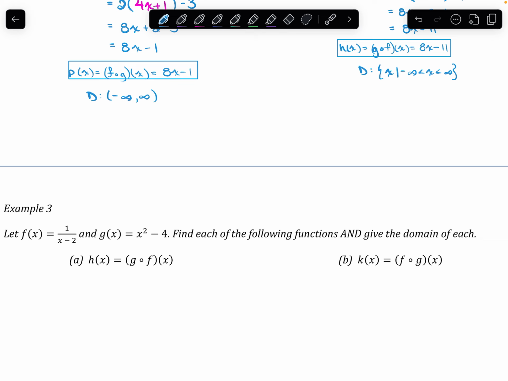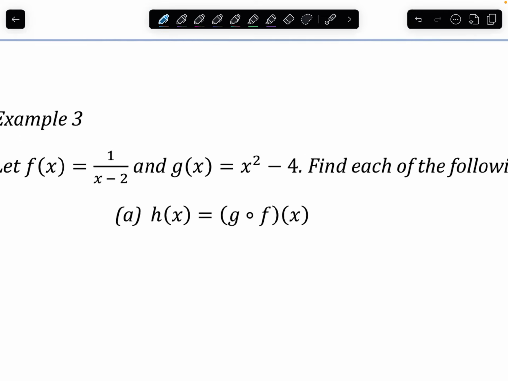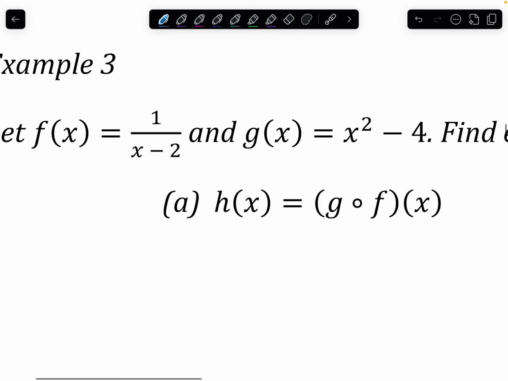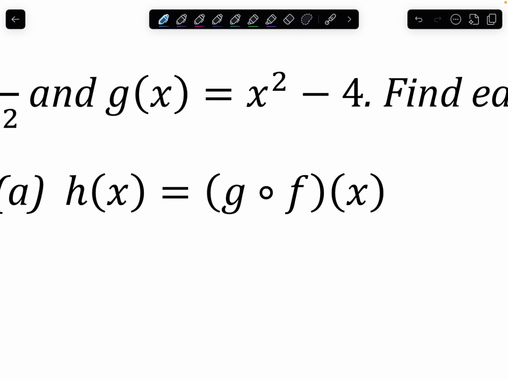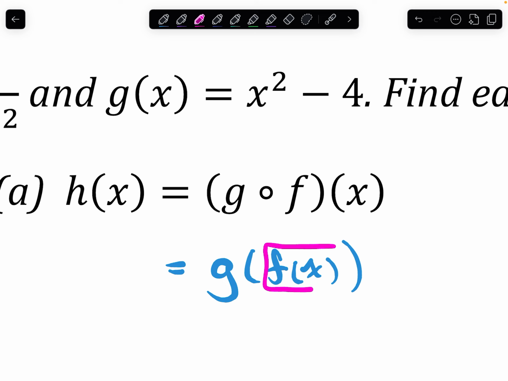Next. All right, f of x is 1 over x minus 2. G of x is x squared minus 4. And we're asked to give each of the following in the domain. So for h, we're looking for g of f. First things first, I don't like this notation, substitution. G outside, f inside. So we're taking the function f and subbing into g.